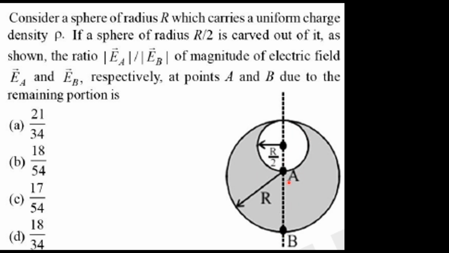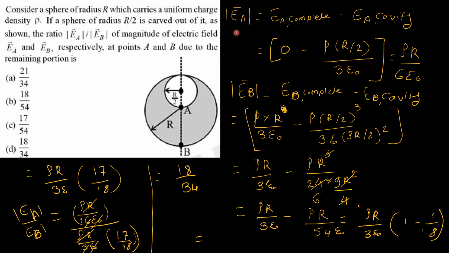So we have to first calculate the electric field intensity at point A, then the electric field intensity at point B. Let's consider first the electric field intensity at point A. It is the net effect of the electric field intensity because of the complete sphere minus the electric field intensity because of the cavity.